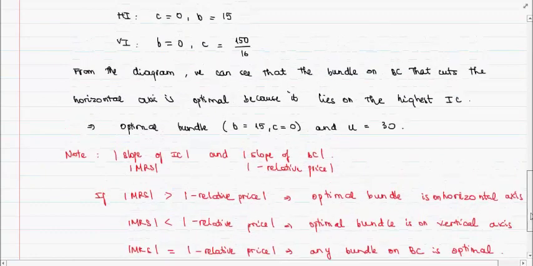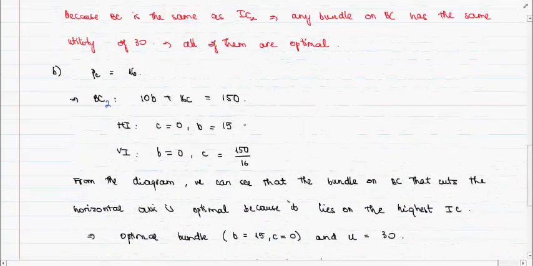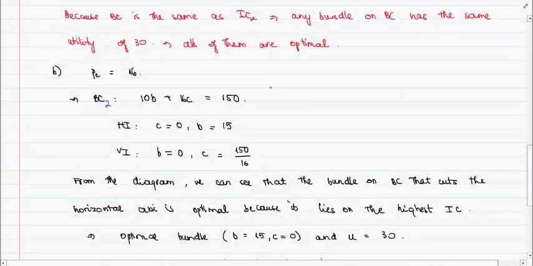Now in the second case, this is my budget constraint. The relative price is, if I have B on the horizontal and C on the vertical, just like in the diagram, then the relative price has to be PB on PC.